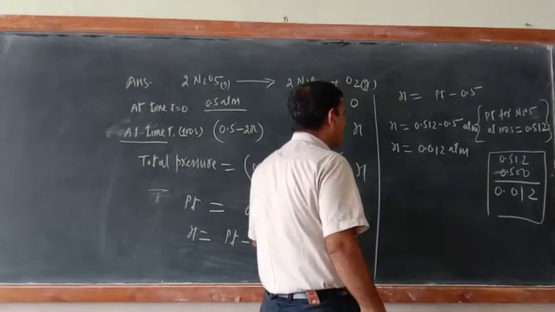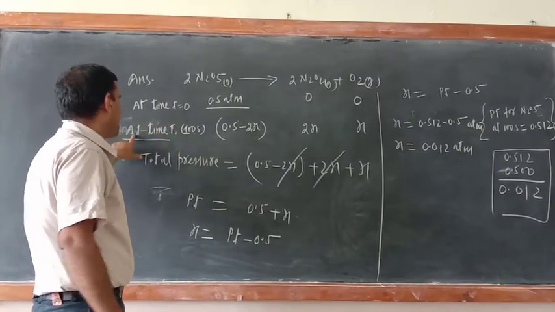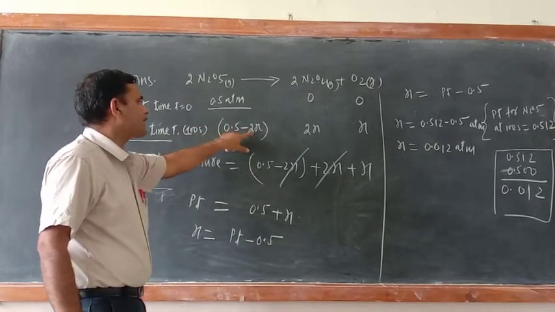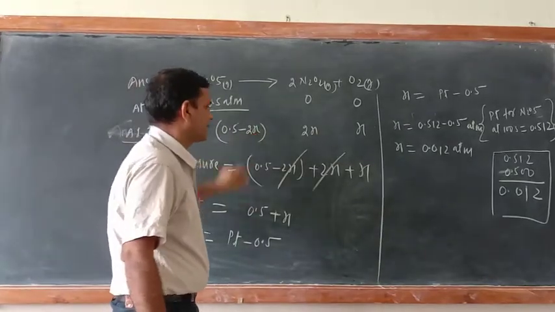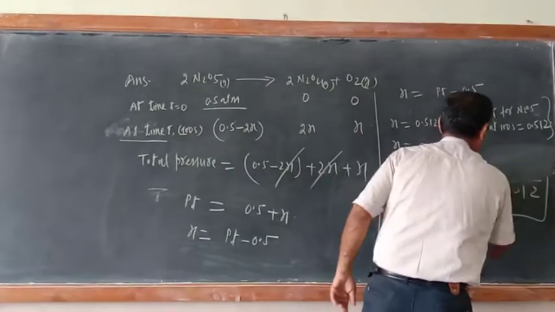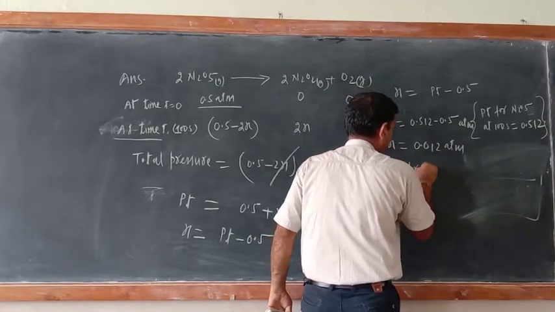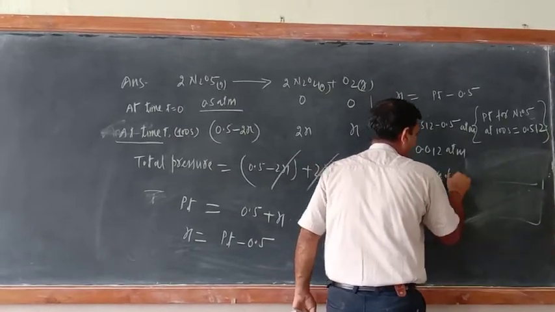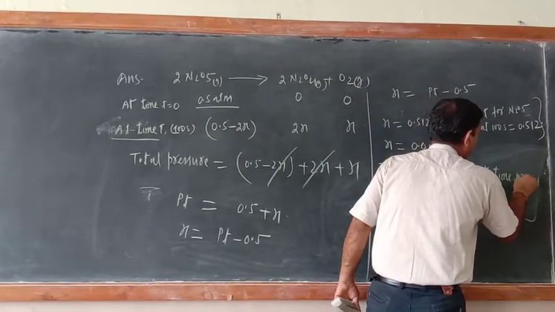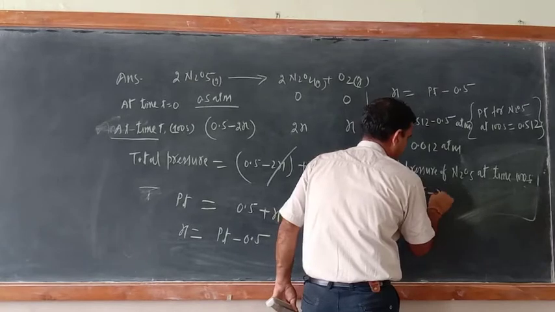And now to calculate the pressure at time t. At time t, that is 100 seconds, what is the pressure of N2O5? 0.5 minus 2x. So you should put the value of x. So here I am writing, just try to understand, pressure of N2O5 at time 100 seconds equal to 0.5 minus 2x.